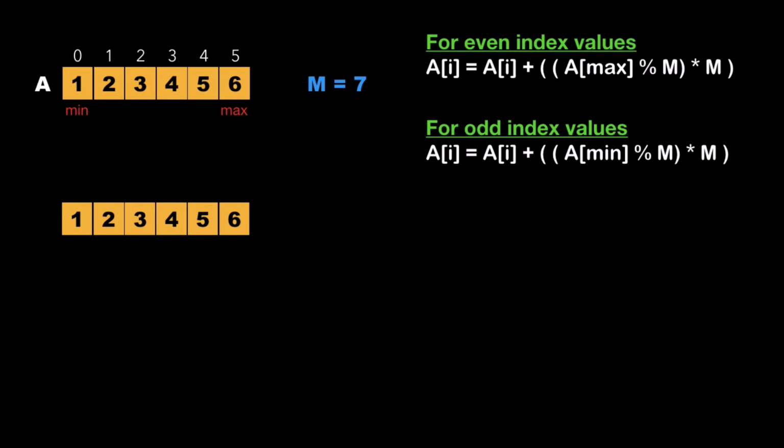And now what we do is that we traverse the array from left to right, and at each traversal we modify the contents of the array. So initially i points to 0, and the right side of the screen shows the formulae for even and odd index values. So i points to 0, therefore we update the value of a of i as a of i plus a of max mod m into m.